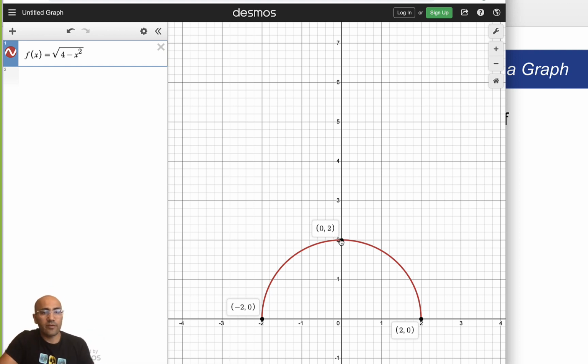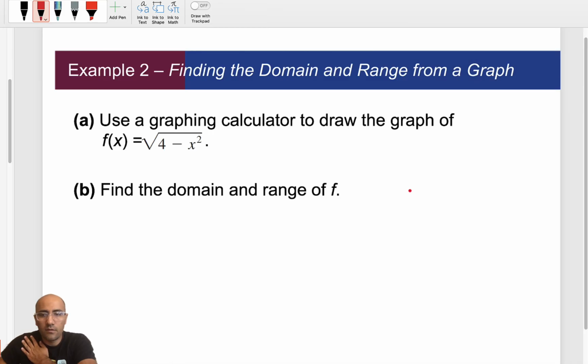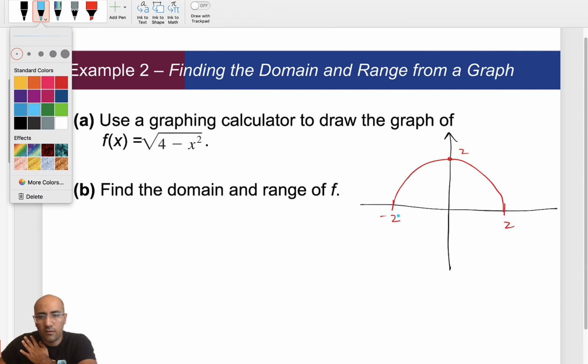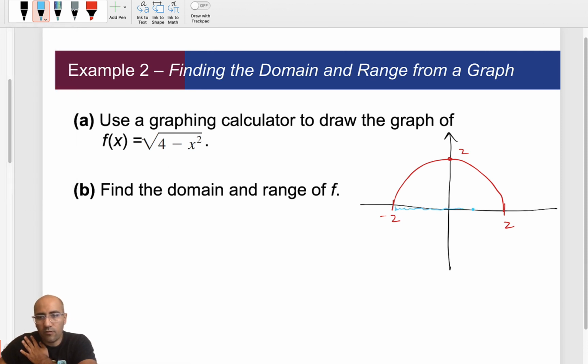So from the graph, remember at this point we're just trying to solve this by graphing. So we graph it, we see the picture. From the picture I can tell the domain is between -2 and 2, and the range is going to be from 0 up to 2. This is kind of like the top half of a circle, right? And this goes from -2 to +2, and so the domain is going to be all of these values over here.